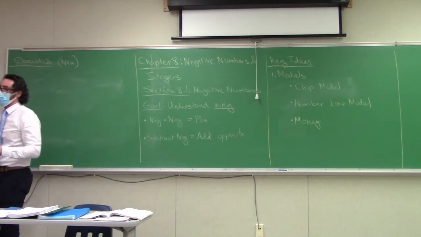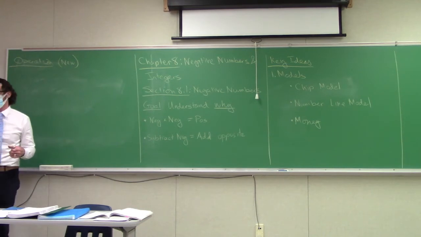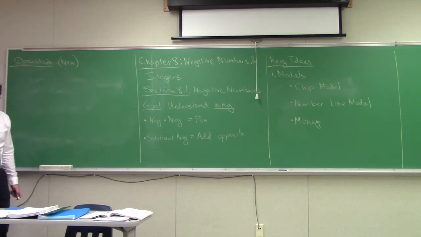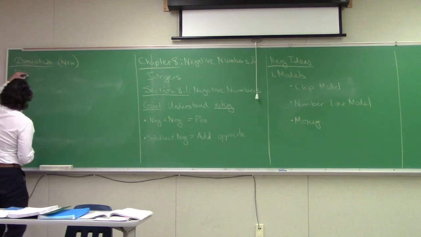Once you get to signed numbers, there's a new operation that you can do that only requires 1 input. And that new operation is take the opposite.